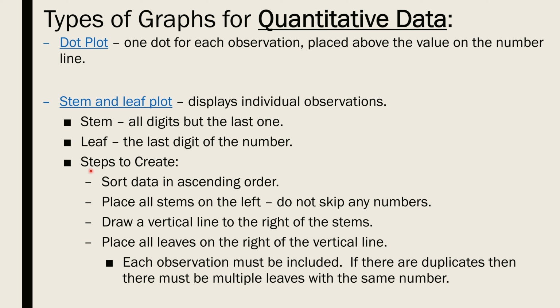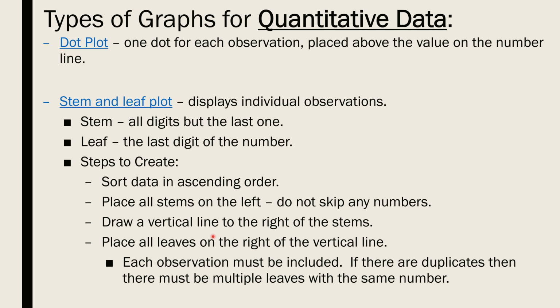Here are steps to create stem and leaf plot. First, we need to sort data in ascending order. Then we need to place all stems on the left. In this step, we cannot skip any numbers. Step 3.